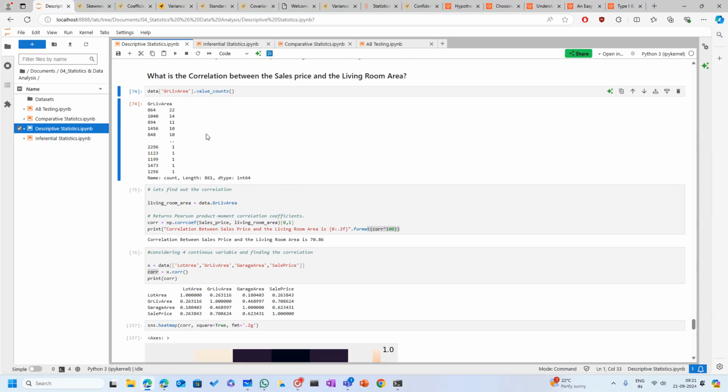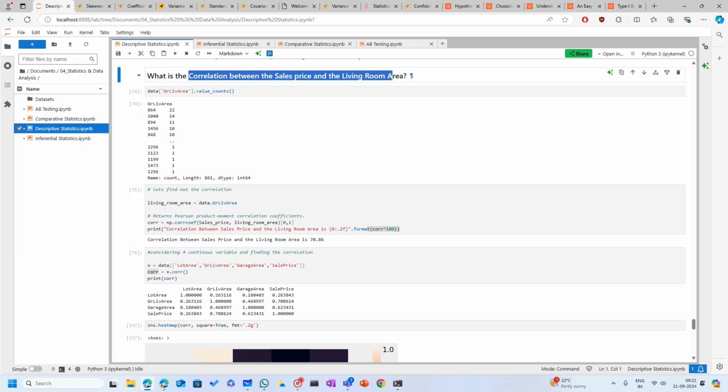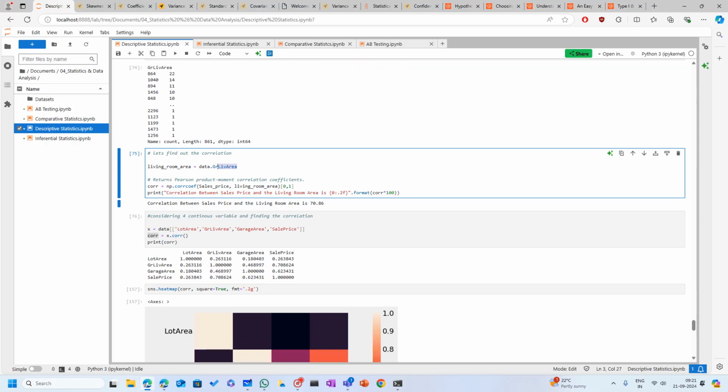Now, what we want to understand is what the correlation looks like for one variable to the target variable. Here we are just considering one variable, ground living area. How does that impact the sale price? You have a direct function, the correlation coefficient, if you want to calculate it for any two variables.